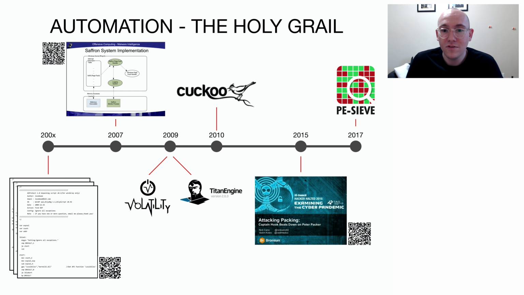And then in 2015, it's worth mentioning that Nick Cano, at the time he was with Bromium, I'm not sure where he's at now, but he's also kind of famous for doing game hacking. A really smart guy. He released something called Packer Attacker, and it was sort of similar to the idea of Saffron, like Danny Quist and Val Smith's read, write, execute dumper, but it had a lot more logic in it.